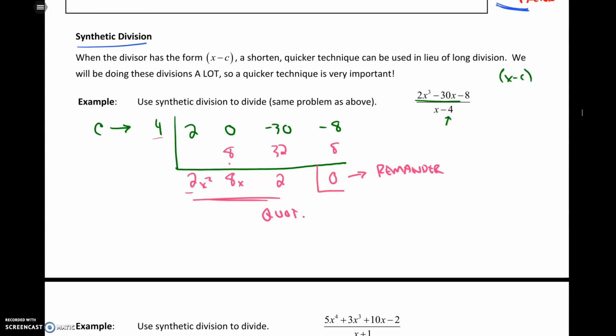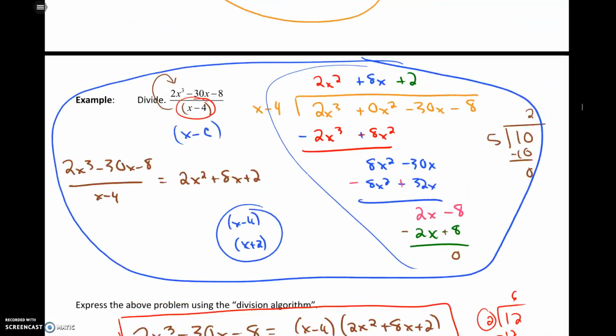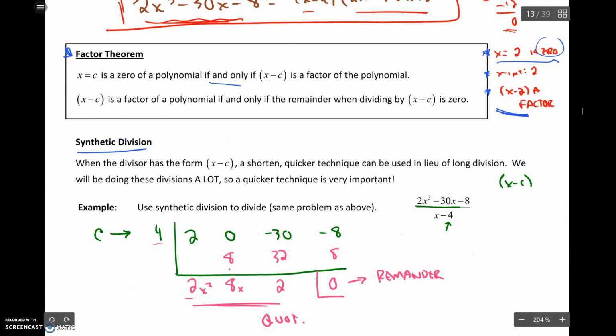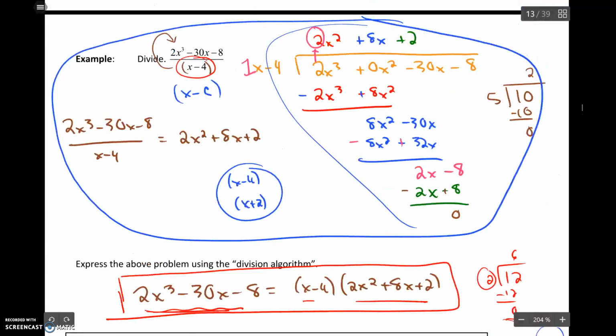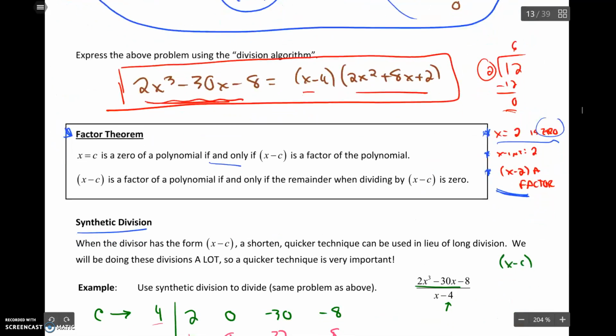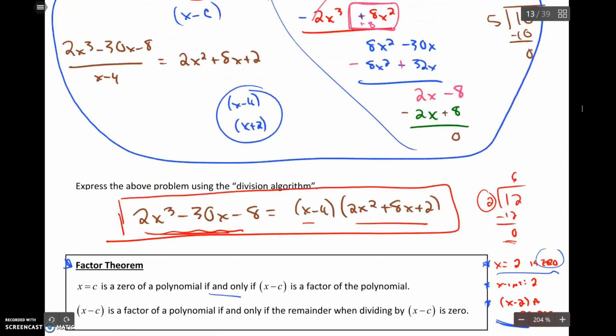Now, I'm not going to spend a lot of time talking about why these are the same, but you can kind of see it here. If there's a 1 in front of this, then you're always going to put a 2 right there. That's just bringing down the 2. The only thing I really care about is this number here. When I take that 2 times this 4, I get a negative 8. But then I have to change the sign to add it, so I make it a positive 8. Well, by putting a positive 4 here, I've already changed the signs.